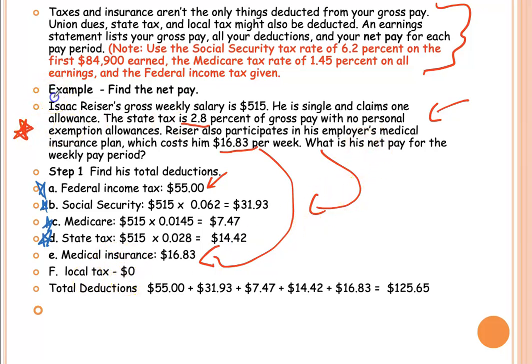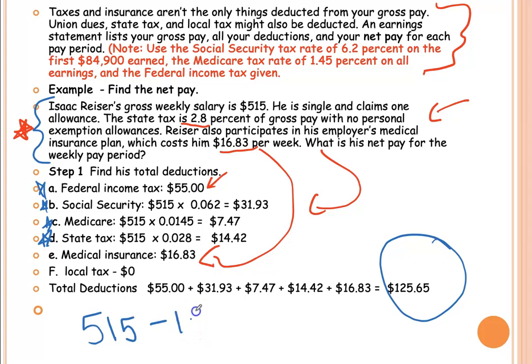So you're really going to have to read the problem to figure these out. Then you add them up. Once you get this amount, you're going to take your gross pay, subtract your deductions, and you will get your net pay. That's our goal, to figure out your net pay.